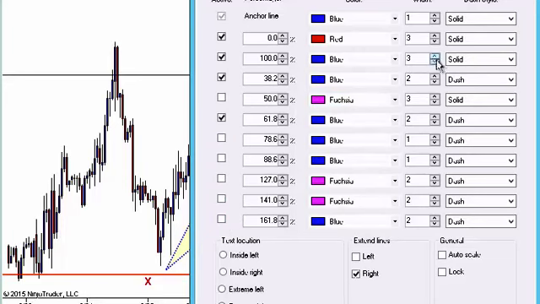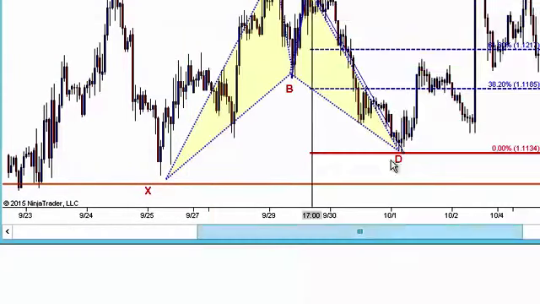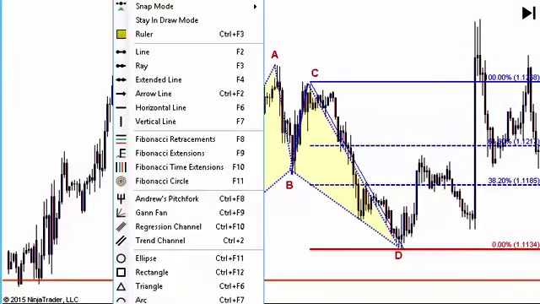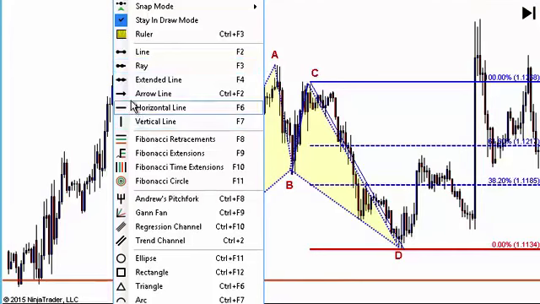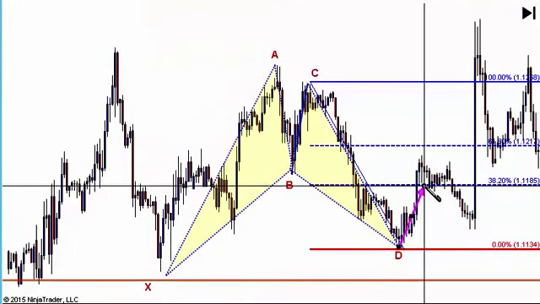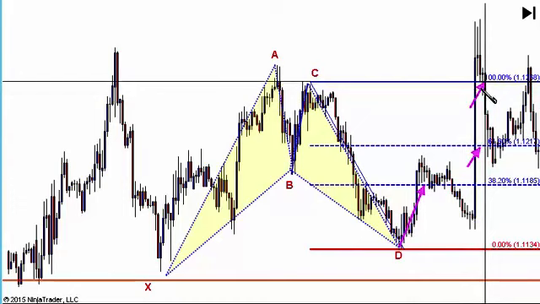And we have the 100% target. And this is what we will use for our targets for this particular pattern. So assuming that the trade was purchased, your first target would be 38%, the second target is 62%, and the third target is 100%.